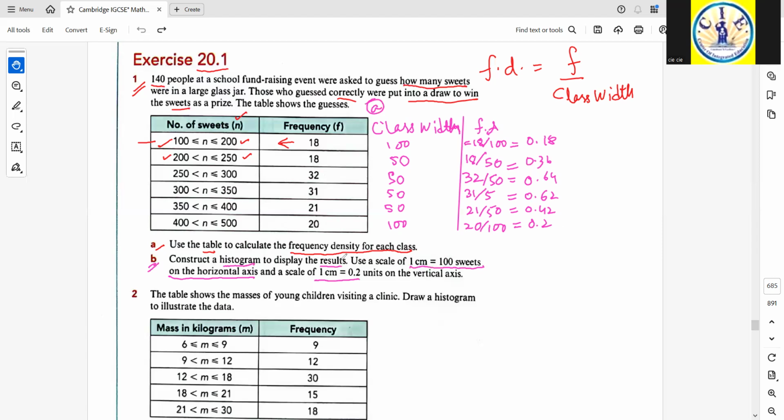For that, let me draw it like this. This one and then this one.